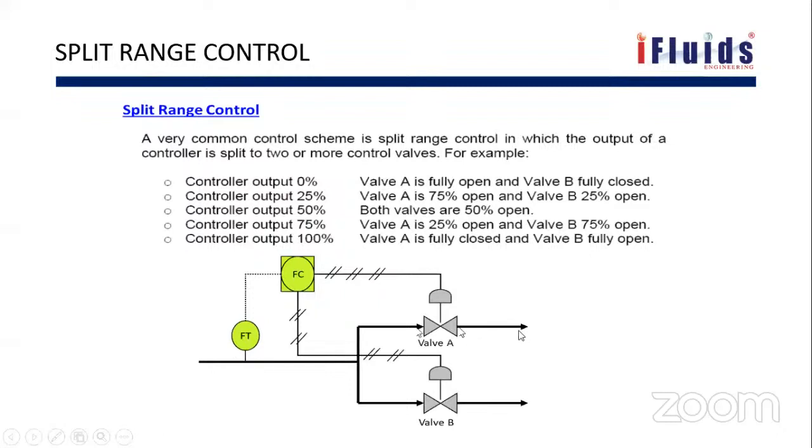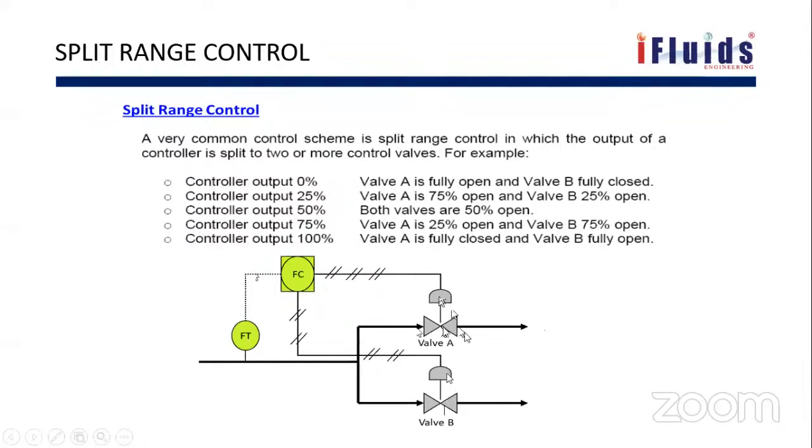Valve A is routed to X and valve B is routed to Y. Whenever flow is very high, valve A will open first and will route it to this destination. And if the flow is further increased, valve B will be used. It is nothing but the control being split between two or more control valves.